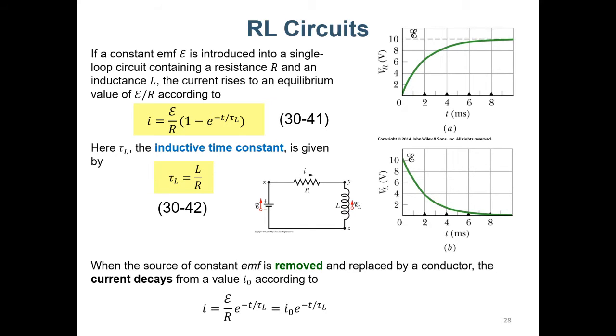So that A equals negative E over R, and it turns out that I would be E over R times 1 minus exponential like this. This is I like that, and this tau L is L over R, put in the denominator. So we have R over L here, which is actually the same.